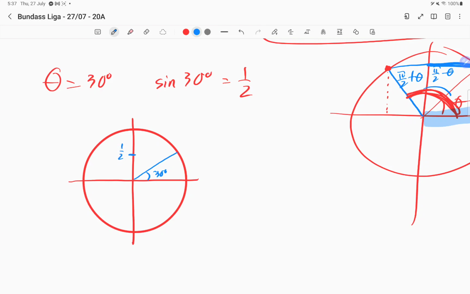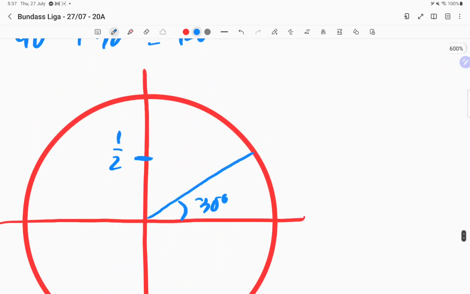Now what's 90 plus 30 degrees? When you have pi over 2 plus theta, which is 90 plus 30 degrees, that is 120. But in order to represent 120, I will draw it as 90 degrees and then plus 30 degrees.